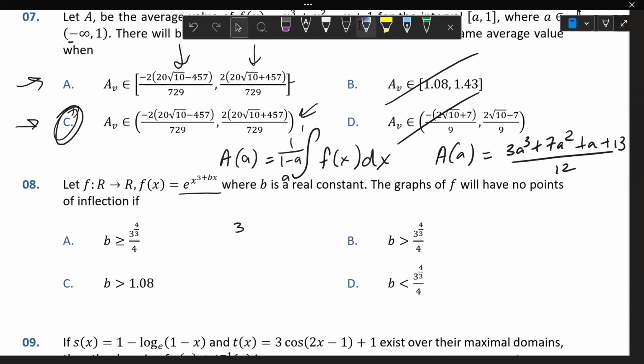Because 3 to the power of 4 over 3 over 4 is approximately 1.08. So now that we have this value in mind, all we have to do is just graph the function, letting b equal 1.08. And then we can just use the slider to find which of these is the correct one.